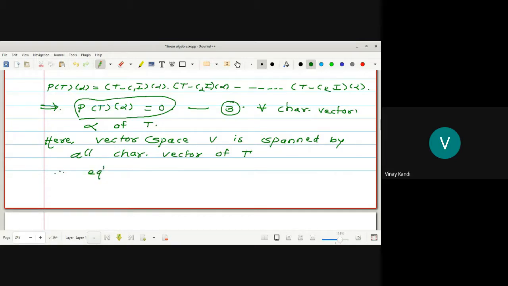equation 3 is true, equation 2 is true for all vectors in V also.